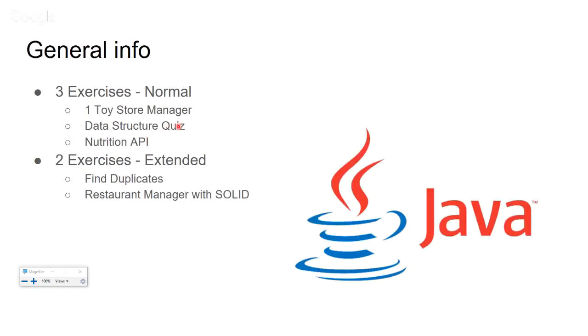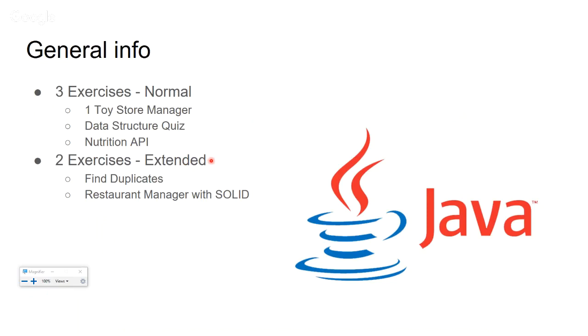The second one is a quiz about data structures. You're gonna try to answer that quiz with the array and linked list knowledge that you achieved in the lesson. And then the third one is a nutrition API, where you're gonna make a nutrition app to calculate nutrition things.